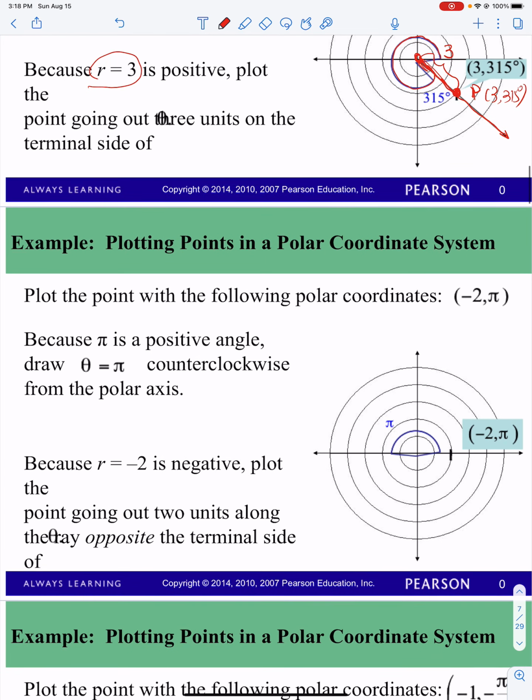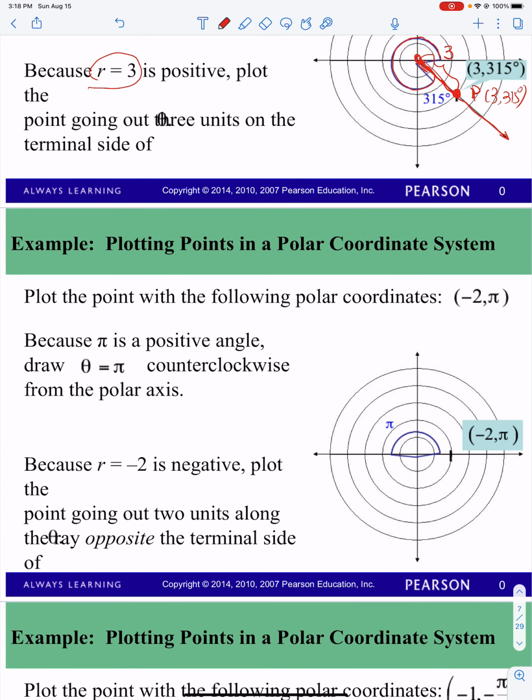Okay, the next example, we want to plot a point with negative r. So what will we do first? First, we find the angle.